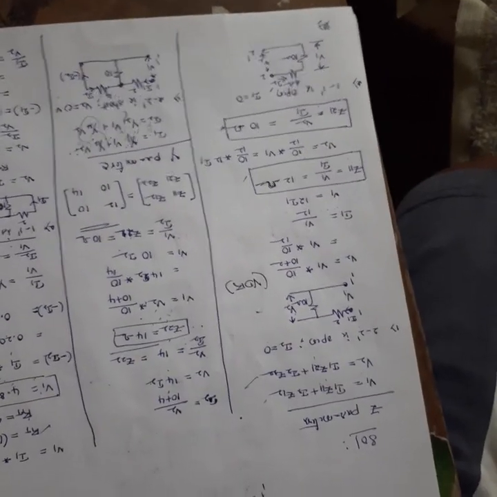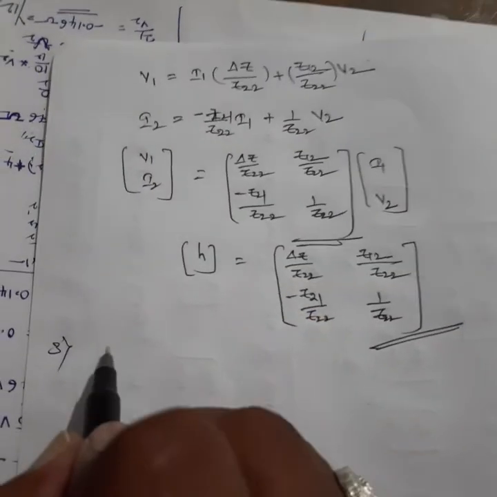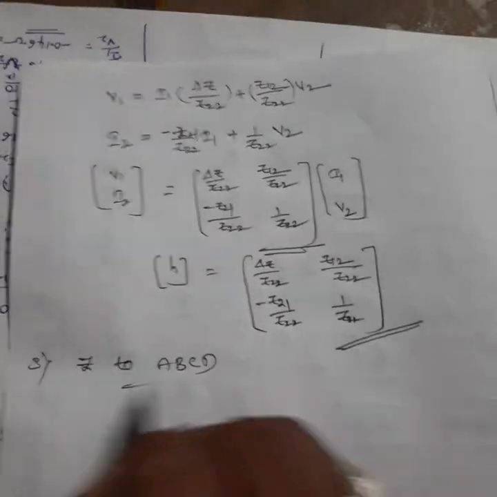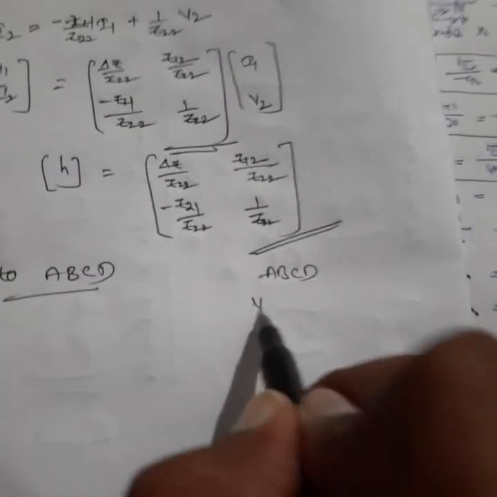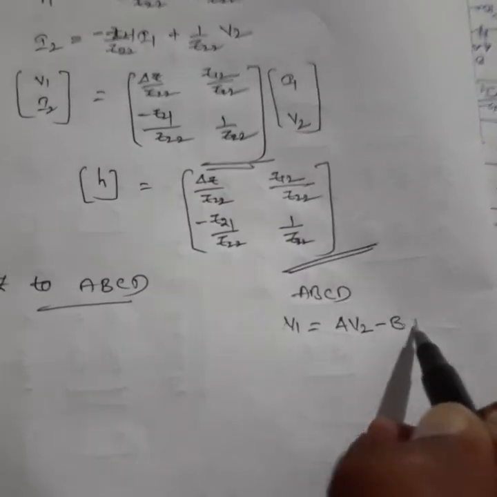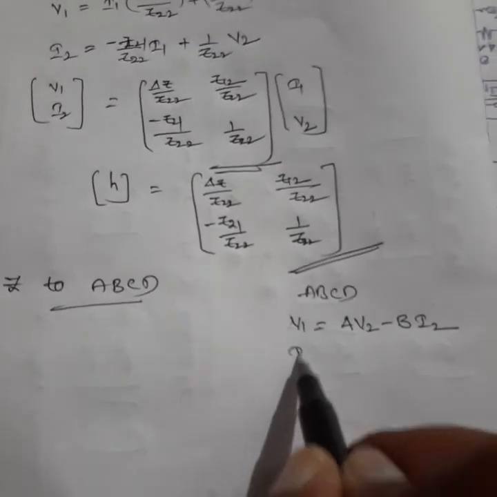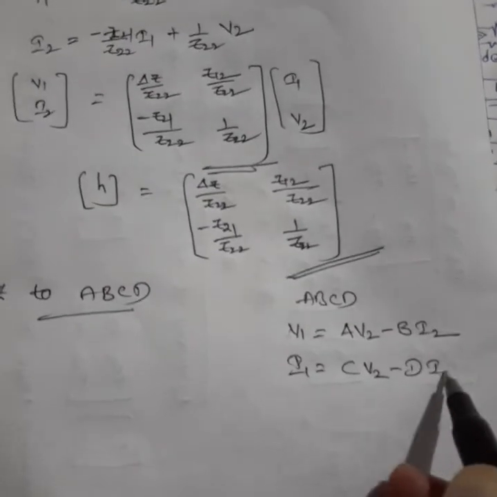Next we can find the ABCD parameters from Z parameters. Third step, that is Z to ABCD. Here also I am first writing the ABCD parameters: V1 equals A into V2 minus B into I2, and I1 equals C into V2 minus D into I2.